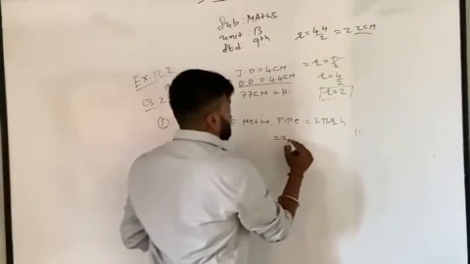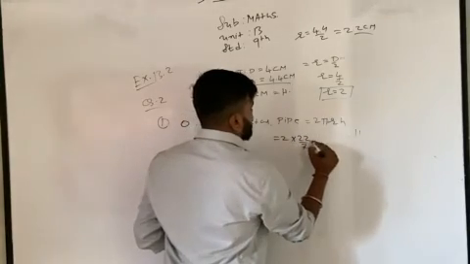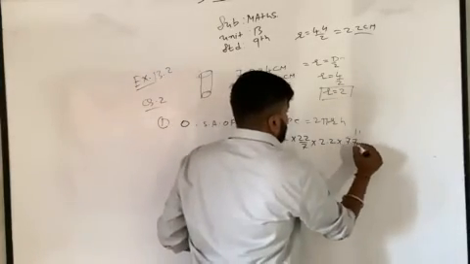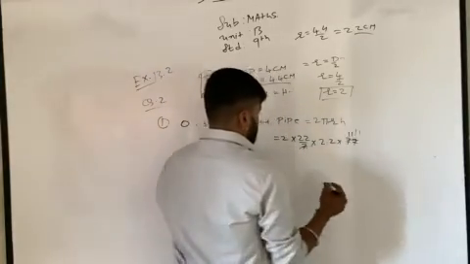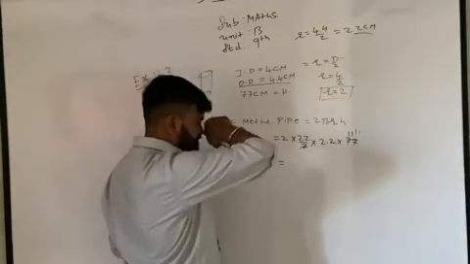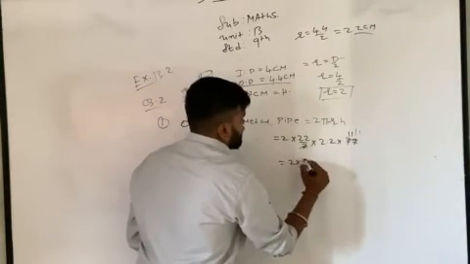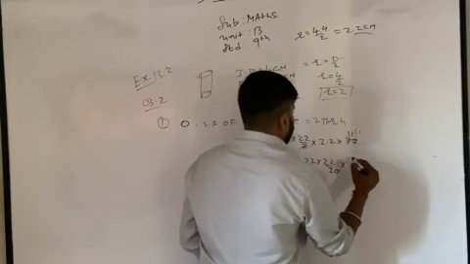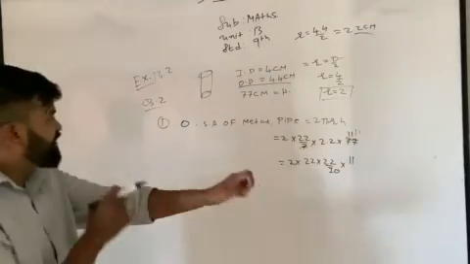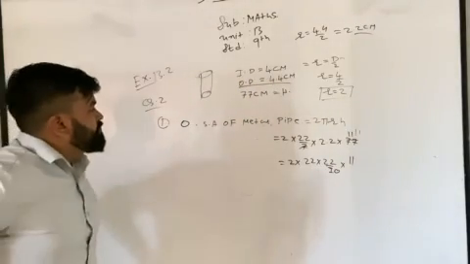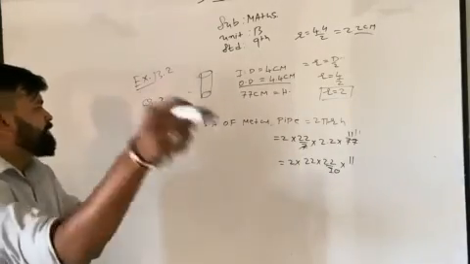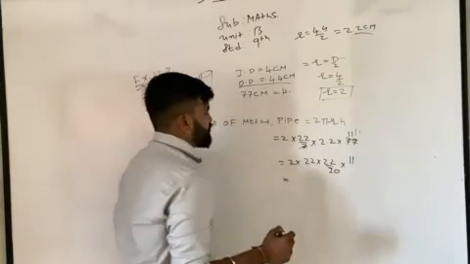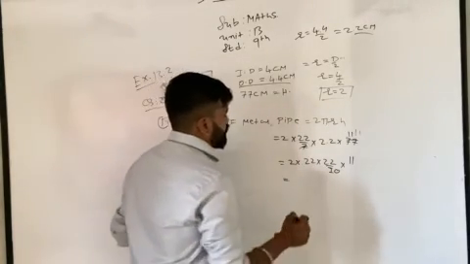Substitute here: 2 multiplied by 22 by 7 multiplied by 2.2 multiplied by the value of H, 77. Again here 7 ones are 7, 11s are 77, and this is equal to 2 multiplied by 22 multiplied by 22 by 10 multiplied by 11. 2 into 11 is 22.